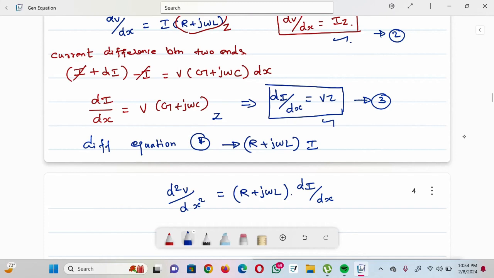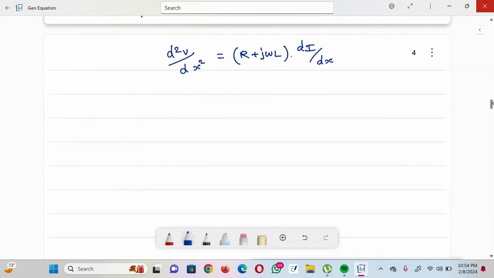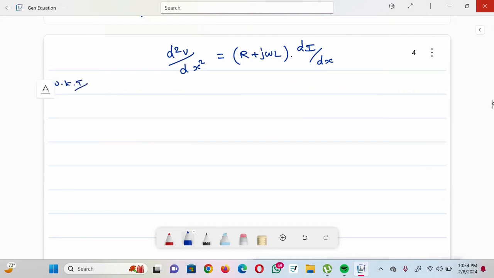From equation number 3, the value of dI by dx is V into Y. That means V into (g plus j omega C).